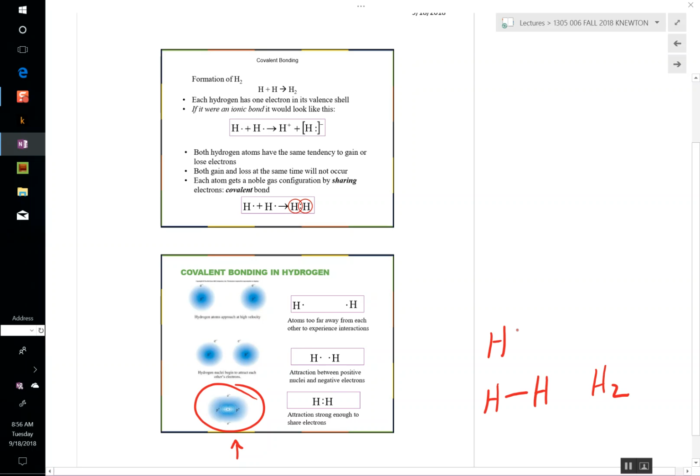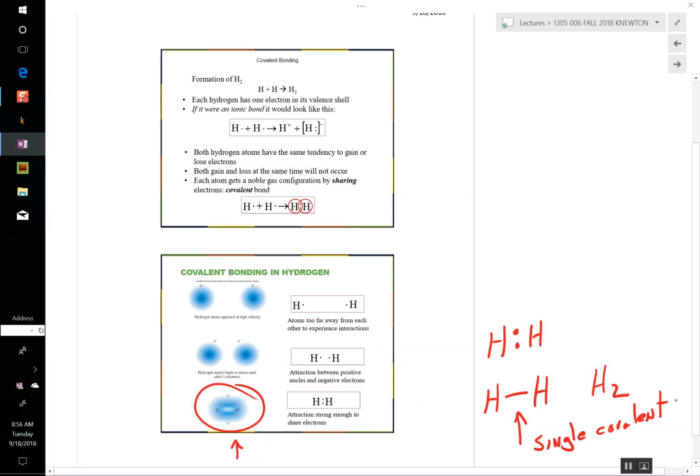So the 2 shared electrons, we're converting those 2 dots into a line. This is a single covalent bond made up of 2 electrons.